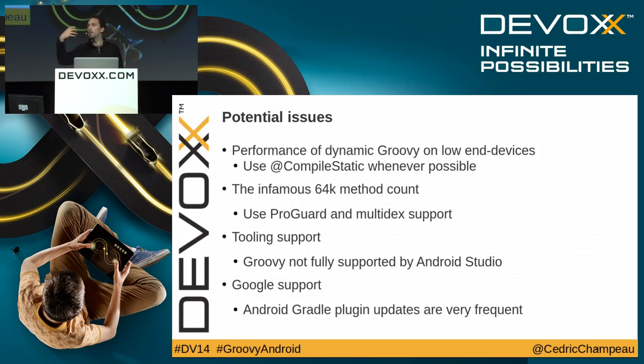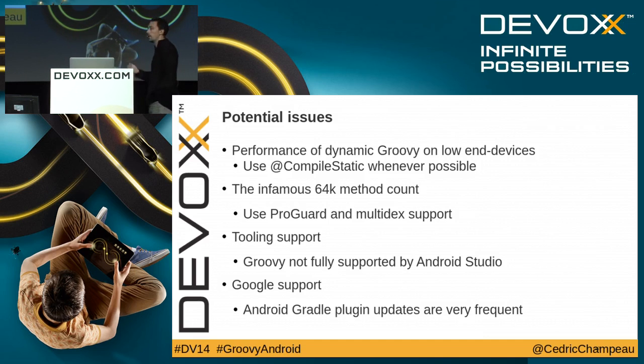Groovy comes with a number of methods available on classes of the JDK. For example, you could call getText on a URL, and this is not a method which is available in the JDK on the URL. So Groovy adds a lot of methods. From memory, it adds about 8,000 methods. So if you use Groovy, you will reach that limit.